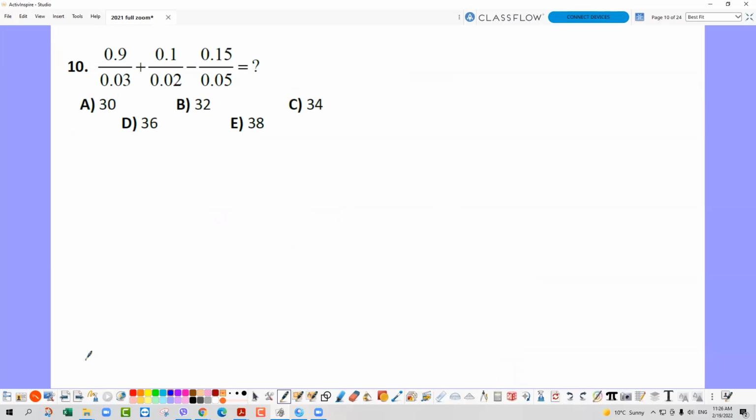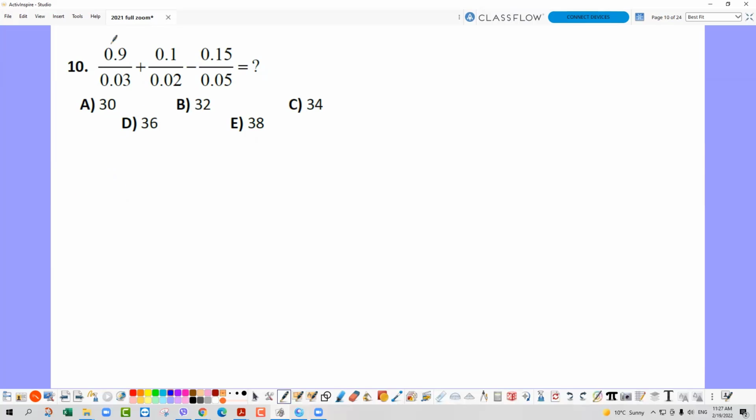Let's continue with the decimal numbers. Here we have decimals, and to solve this kind of question, we can get rid of the decimals, or we can write the decimals as fractions. This time I'm going to get rid of the decimal point.